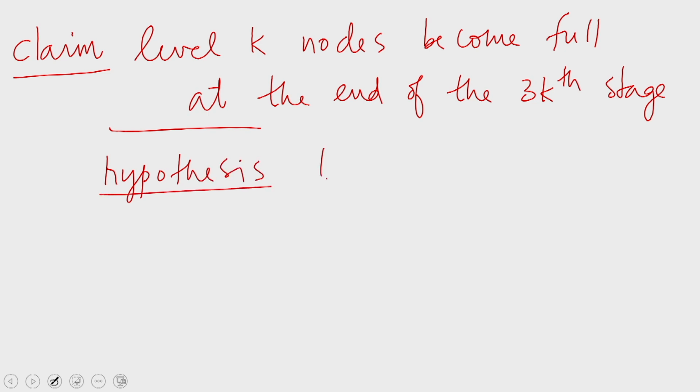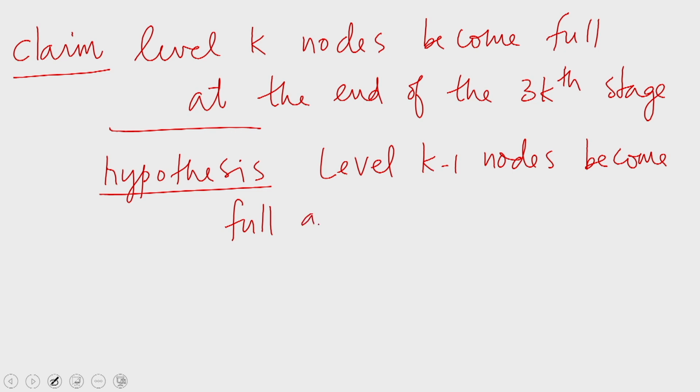we have that level k minus 1 nodes become full at the end of the 3k minus third stage.